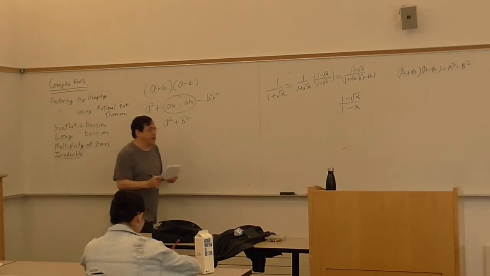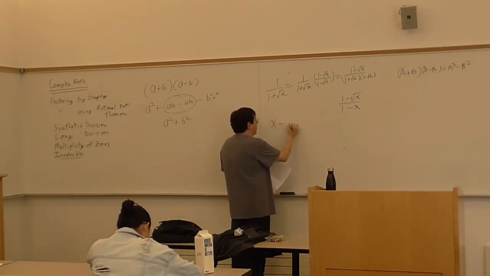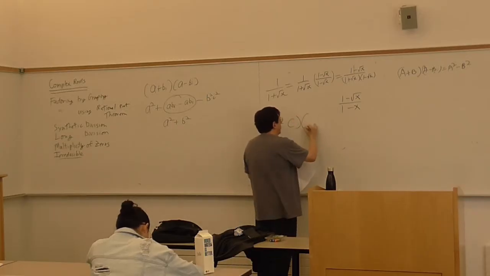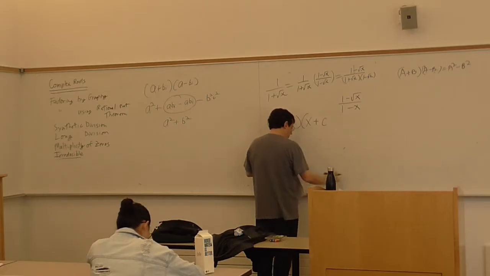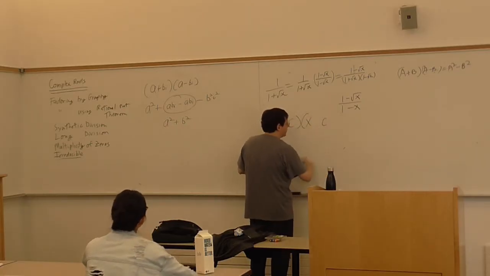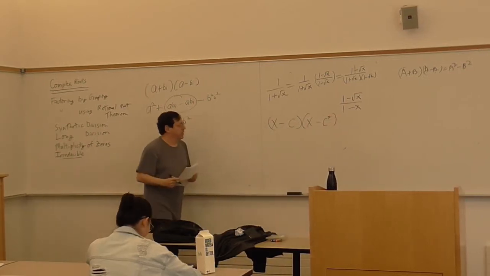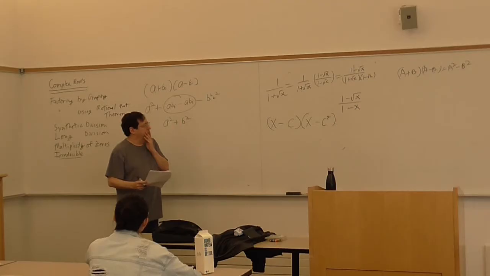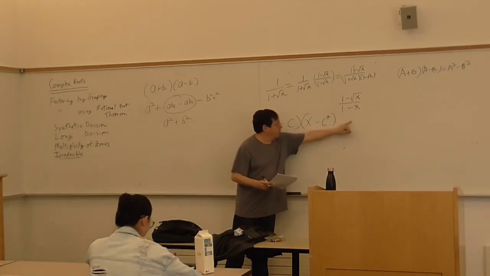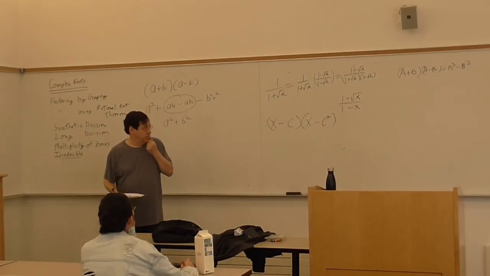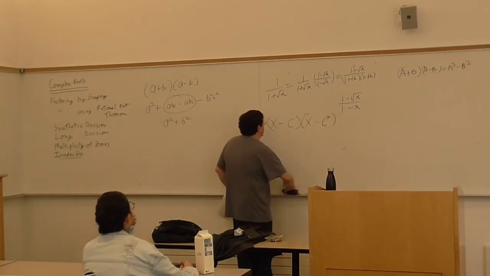Where does that come up? If I have x minus some complex number, and I multiply it by x minus its conjugate, sometimes we write a bar for the conjugate, I know that when I'm done there will be no imaginary component anymore. It will be real. Let's see an example of that.